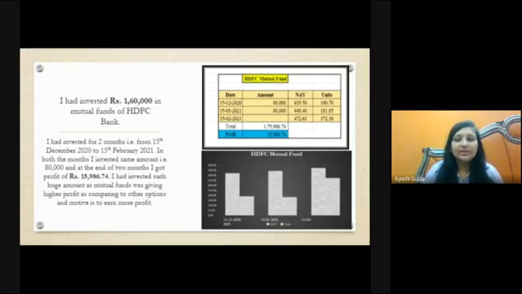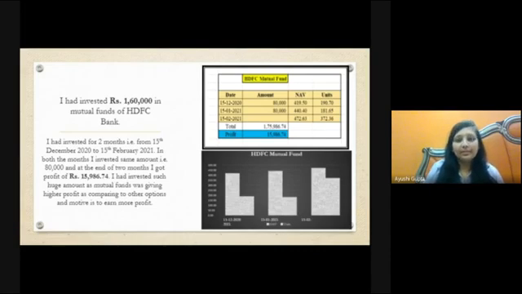The amount I have invested in both months is 80,000. NAV stands for net asset value, and I have taken this value from Google. NAV changes on a daily basis.